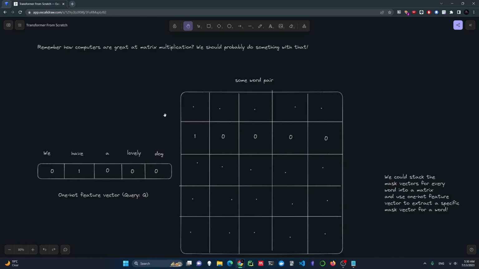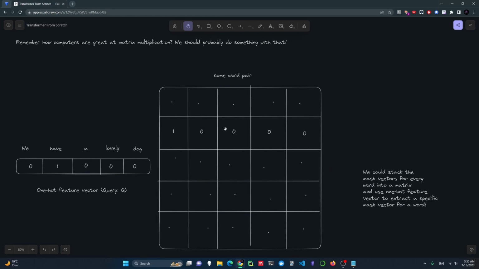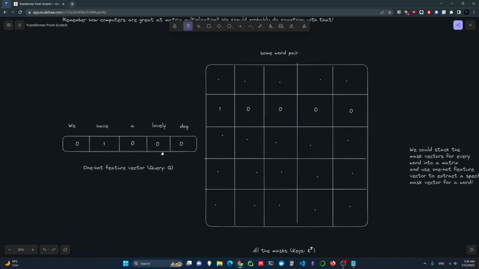For example, we have a, right? Or essentially just a single word because they all have the same, right? So essentially here we obtain this specific mask vector through the multiplication of a one hot feature vector and this stack of masks, right?